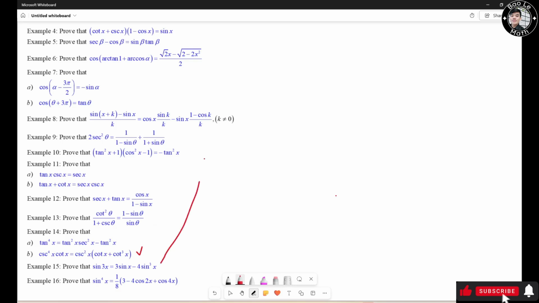Now let's move on to example number 15. Alright, so we need to prove that sine 3s equals 3 sine s minus 4 sine to the third s, right? So this one can be written as sine of s plus 2s. So I can apply the formula sine of a plus b, it could be sine a cosine b plus sine b cosine a.